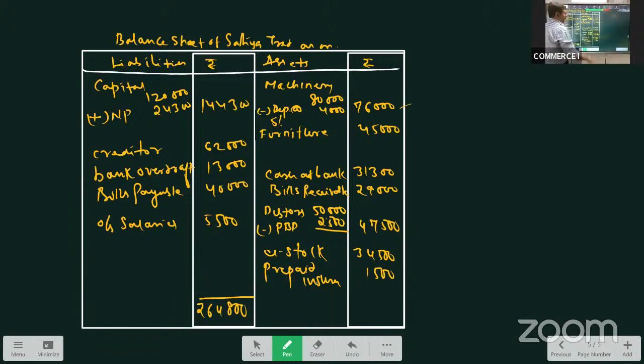Check on the asset side: 76 plus 45, 121, 152, 170, 181, 228, 2,28,800 plus this one 36. Yes, it is 2,64,800 on the asset side as well.